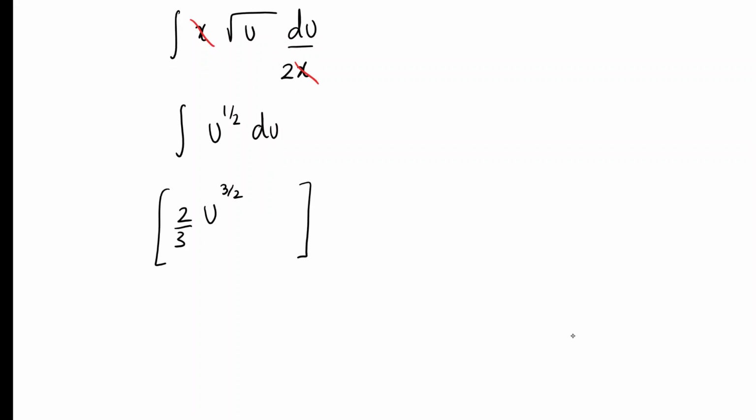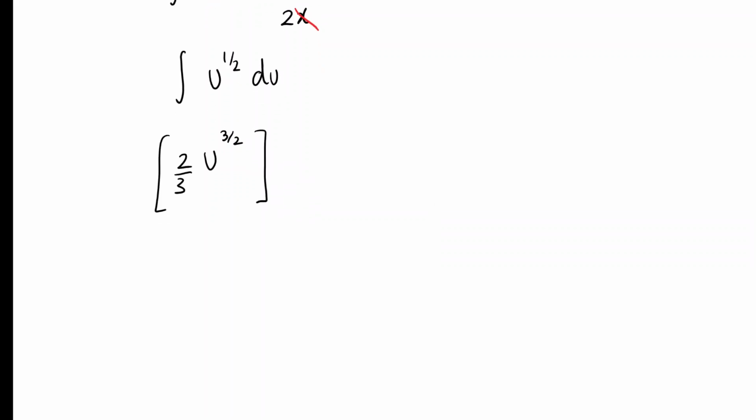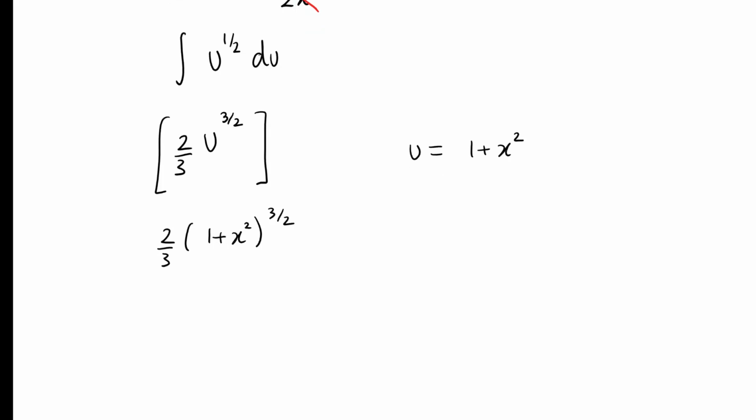Well then, no plus c actually, because we've got limits. Then go back to reinstate x. So u is equal to 1 plus x squared. So you can write 2/3 1 plus x squared to the power of 3 over 2, because the substitution was u equals 1 plus x squared.